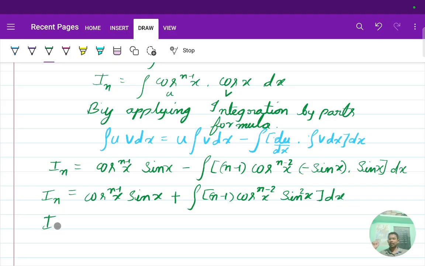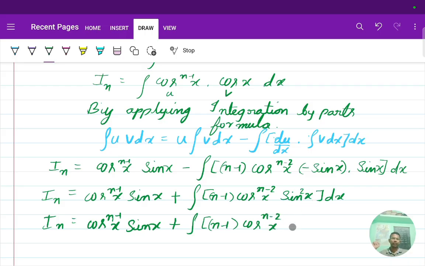Then I_n is equal to cos power n minus 1 x into sin x plus n minus 1 outside, integration cos power n minus 2 x.